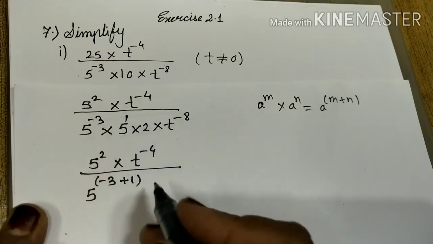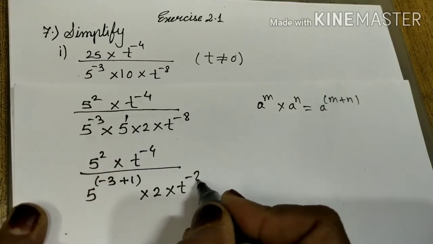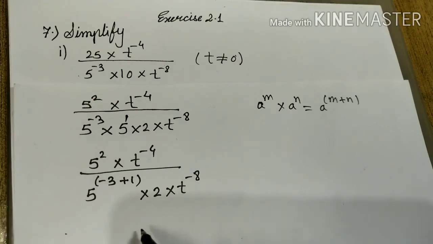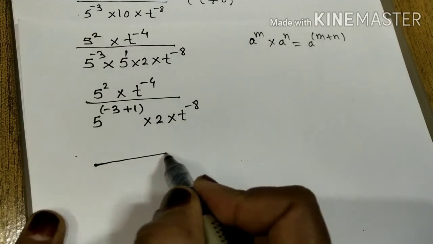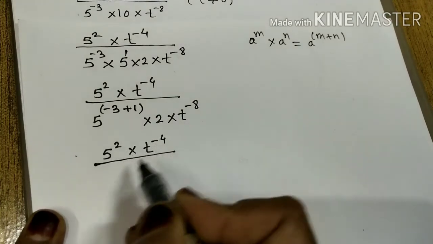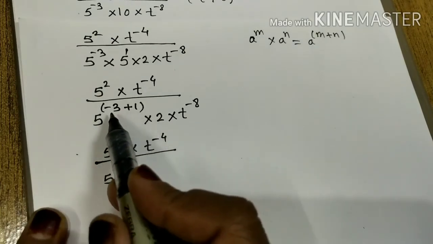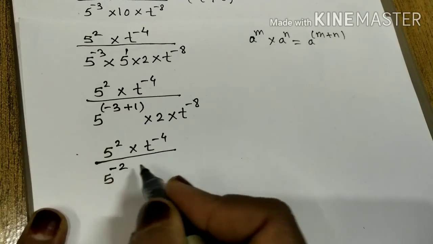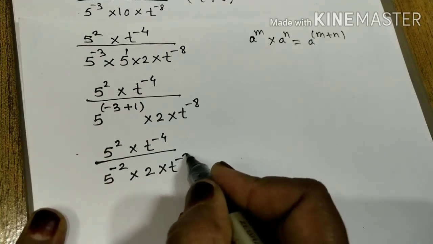This 1 comes here into 2 into t raised to minus 8. Means it is equal to 5 raised to 2 into t raised to minus 4, 5 raised to minus 3 plus 1, it is minus 2, into 2 into t raised to minus 8.